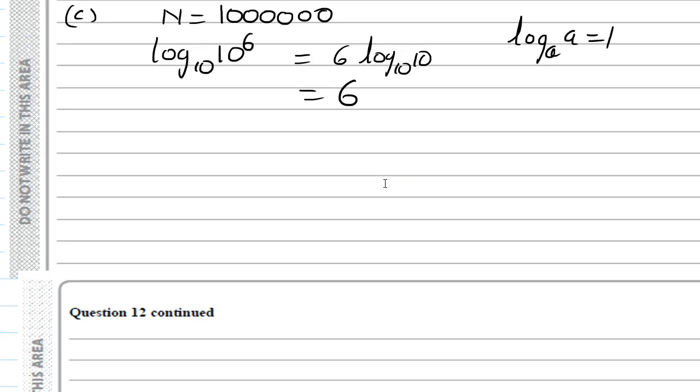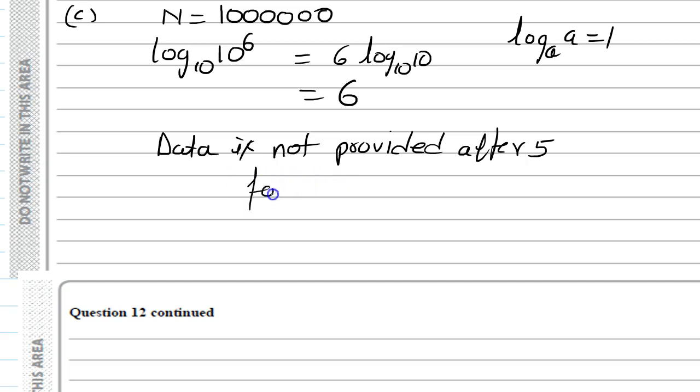So you can write down here: data is not provided after 5. For 6 it is out of range.